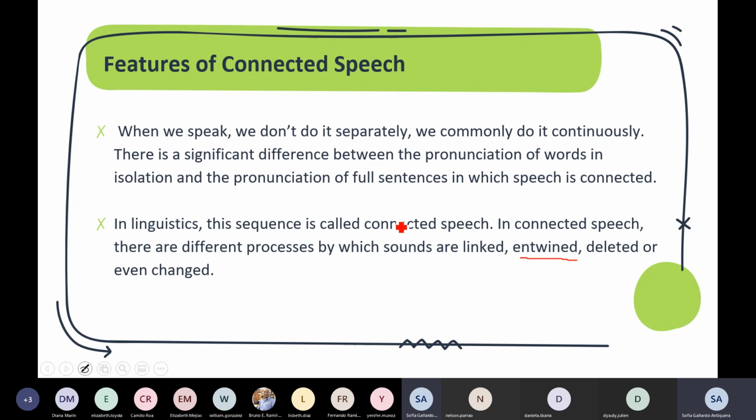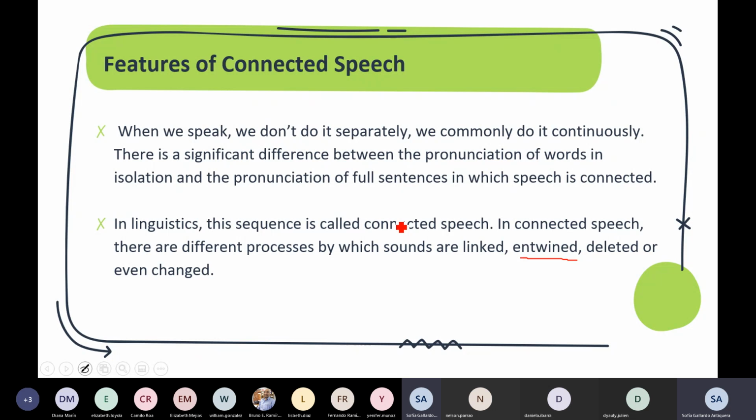Don't worry. So, features of connected speech, as you mentioned, when we speak, we don't really speak pronouncing the words in isolation, right? We don't pronounce the words as if they were separate. We pronounce them fluently, or at least we try to do it in order for us to be understood.